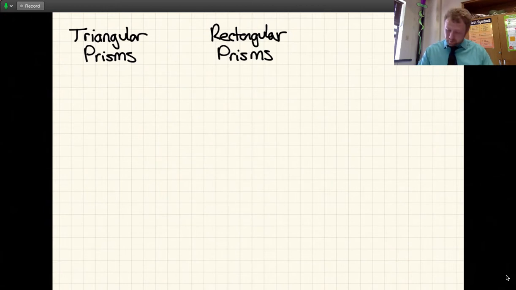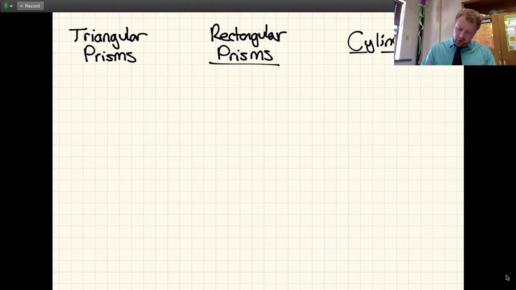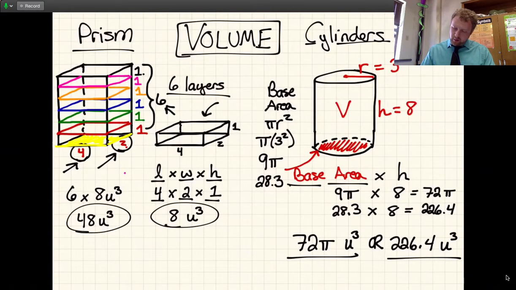Units cubed. Yep. If you see the word volume, think cubed. Volume, cubed. Area, square. Volume, cubed. Area, square.